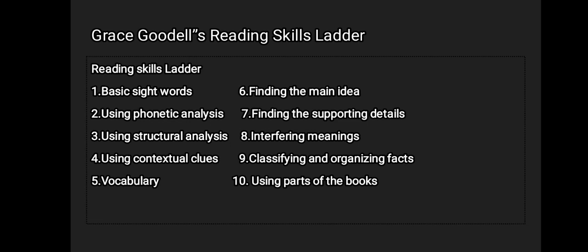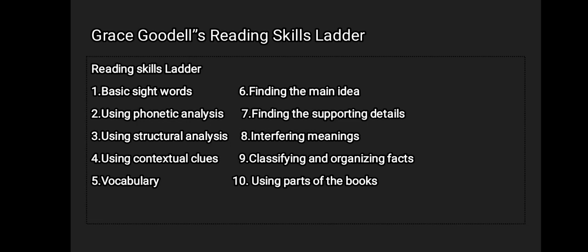Vocabulary building is a process by which people acquire words. For example, playing vocabulary bingo using both familiar and unfamiliar words for the squares. Number 6 is finding the main idea. Main ideas are often found at the beginning of the paragraphs.